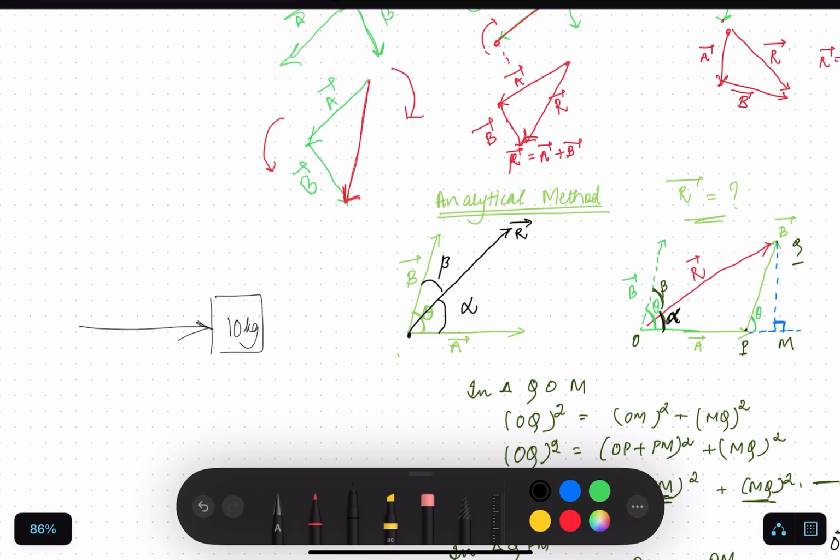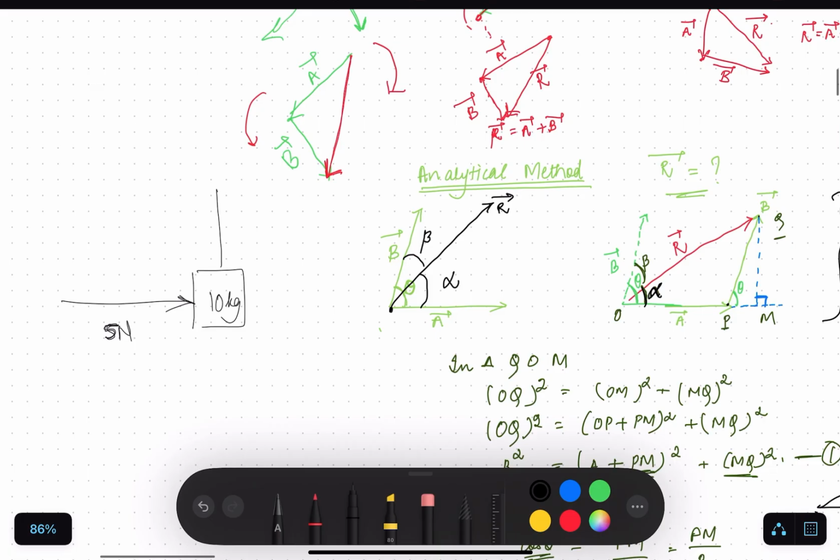I am applying one force over here, that is of 5 Newton. You might not know the unit of force is Newton, but we'll come back to force in later chapters. Right now let's just consider that this is a 5 unit force being applied in this direction, and there's another force being applied to this box in this direction, that's a 10 unit force, and the box is in the air. There is a possibility of the box moving in this direction.